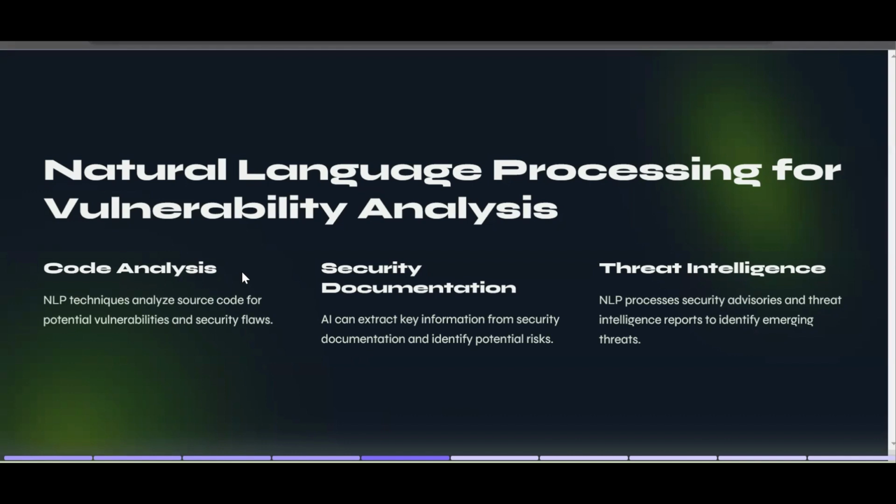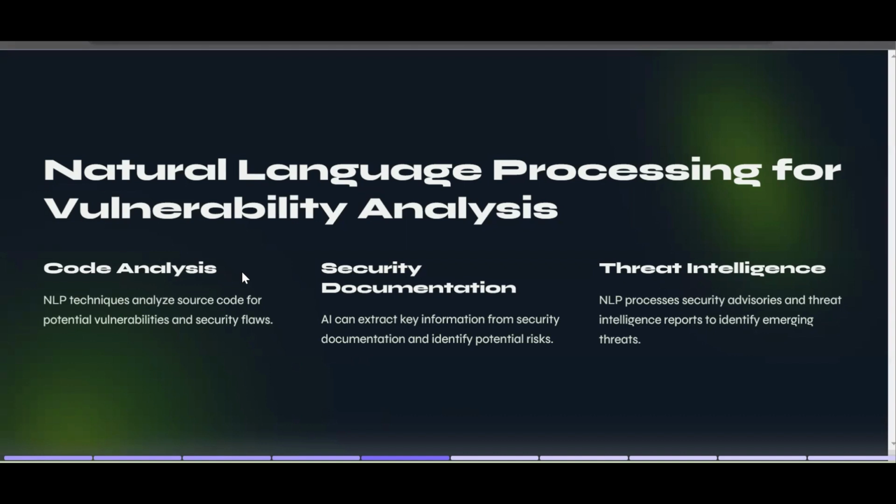So natural language processing, right? Another AI model. It does the code analysis for potential vulnerabilities or security flaws. It does the security documentation. Then it extracts the key information from security documentation and identifies potential risks. So you provide it with the code, you provide it with the documentation, you provide it with the threat intelligence feeds.